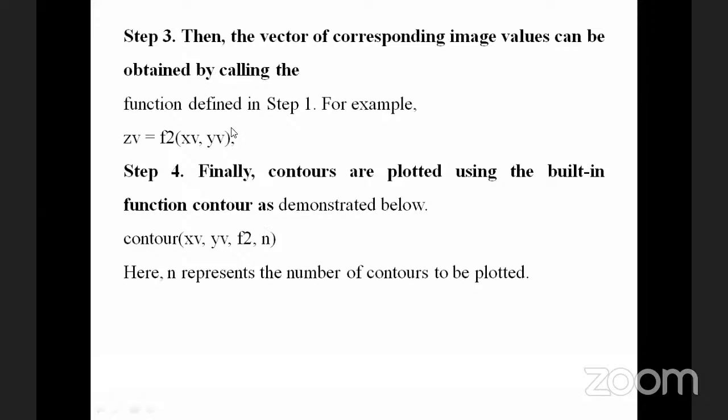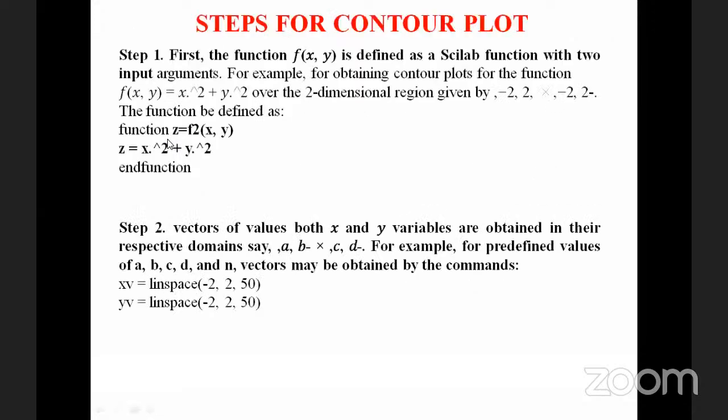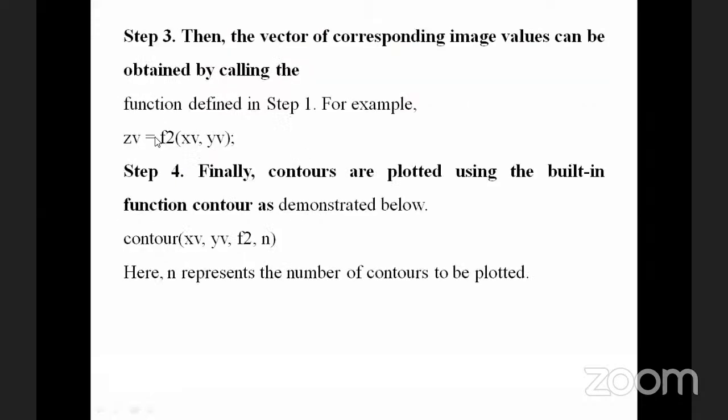In the third step, the vector of corresponding image values can be obtained by calling the function. Here I am calling F2, which is the name of the function. I have called it here with these arguments. Finally, I will use the inbuilt function contour to plot the contour. And here n represents how many contours you want to plot.